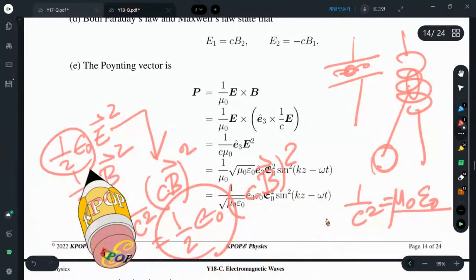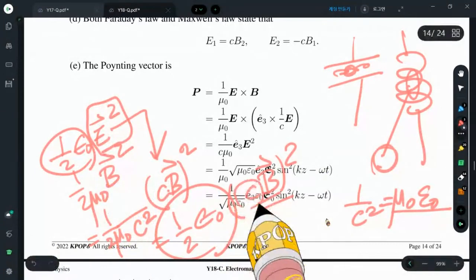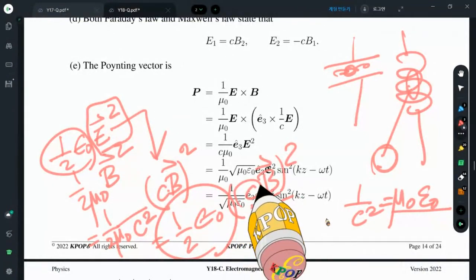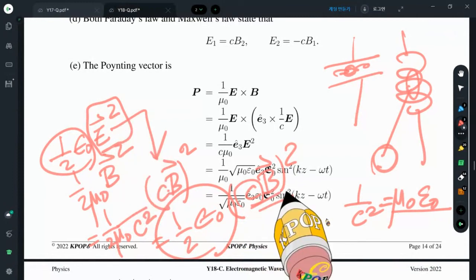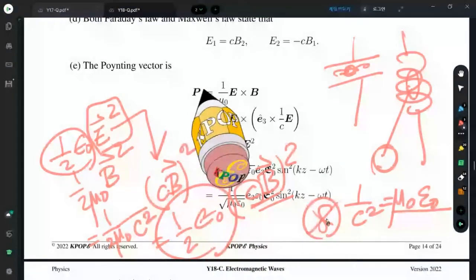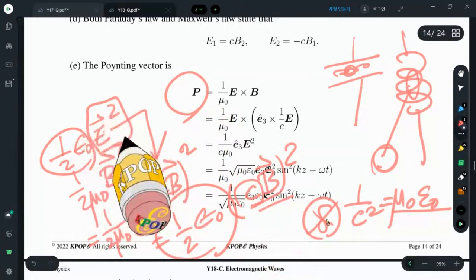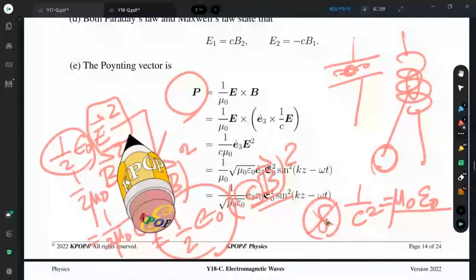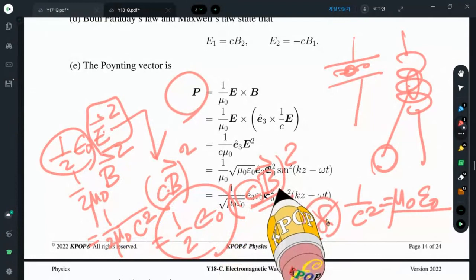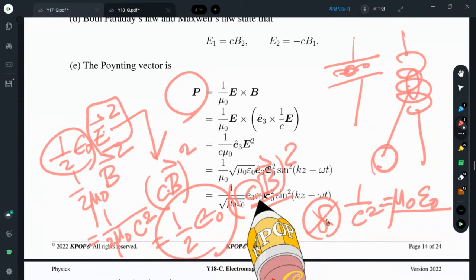We have a common factor. As you know, the electric field and the magnetic field multiplied by the speed of light have the same amplitude, and they are in phase. So the Poynting vector is nothing but the sum of the electric field energy and magnetic field energy multiplied by the speed of light.